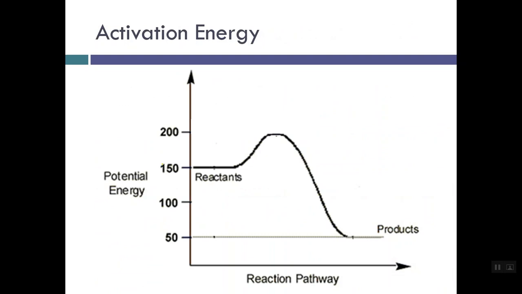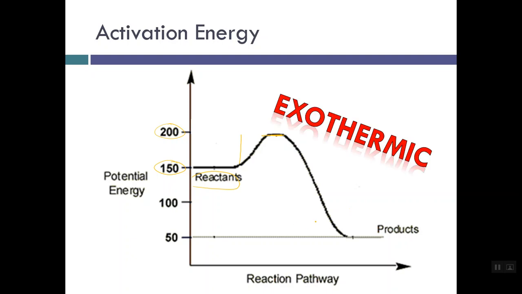So I have here in this diagram my reactants, and they have a potential energy of 150 joules. The activation energy that I have to put in to get to my activation complex, which is 200, is 50 joules to make something happen here.